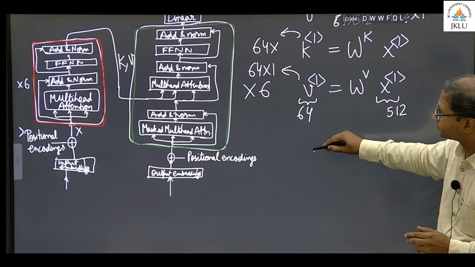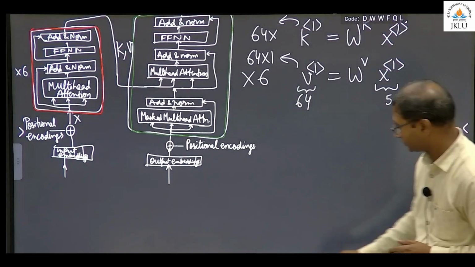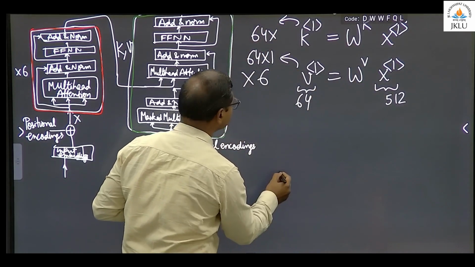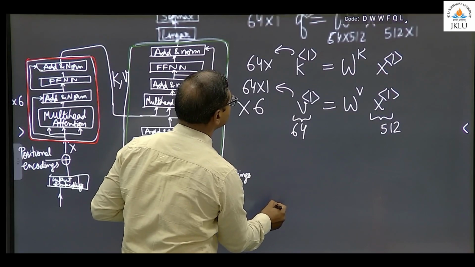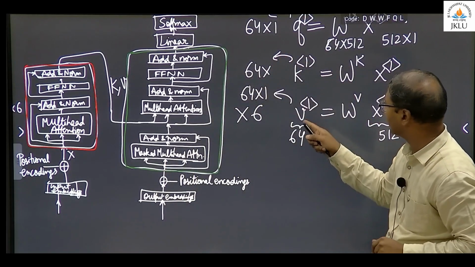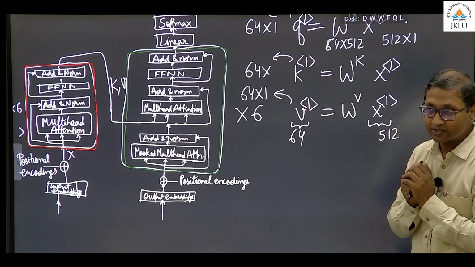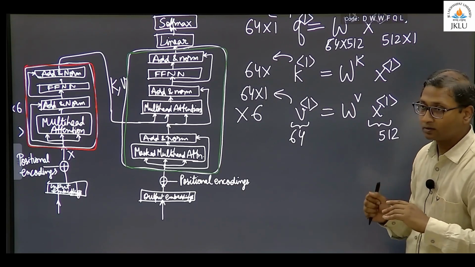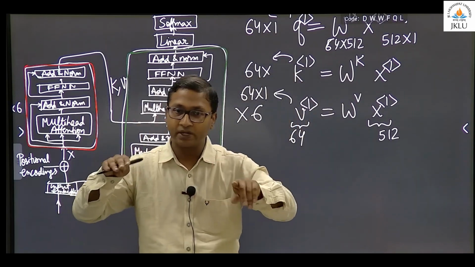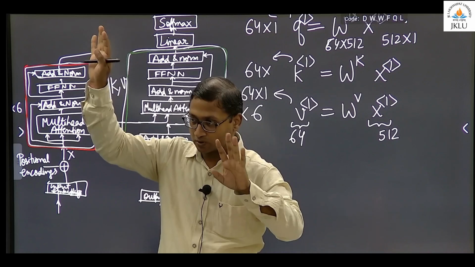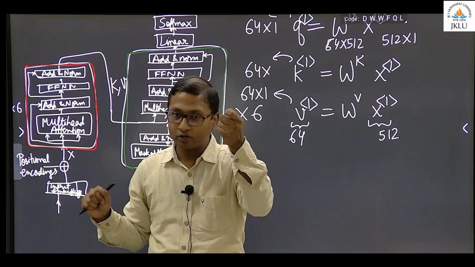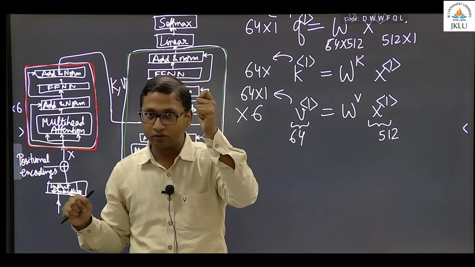Yes. So I have Q1, K1, V1. How do I compute the self attention? What was the formula? Softmax, and let's forget that formula, it was QK transpose, right? All you need is to take the dot product of Q and K, is that right?